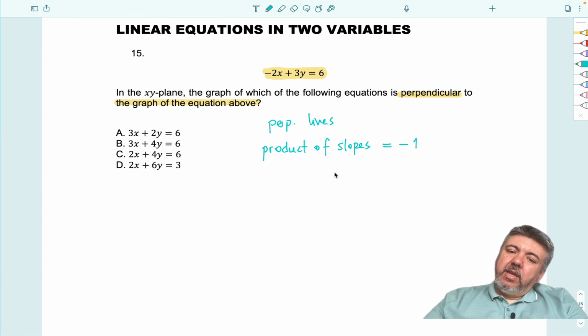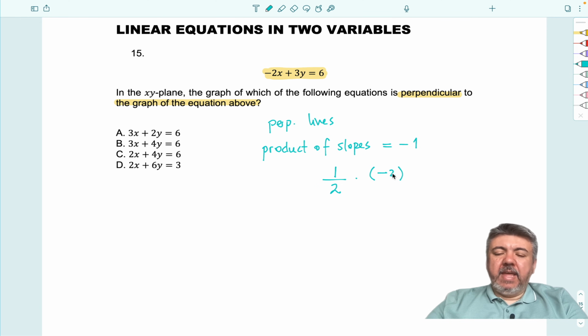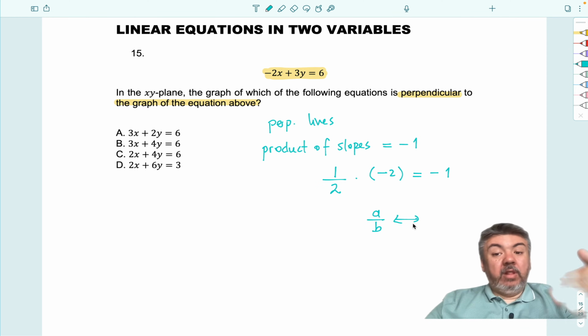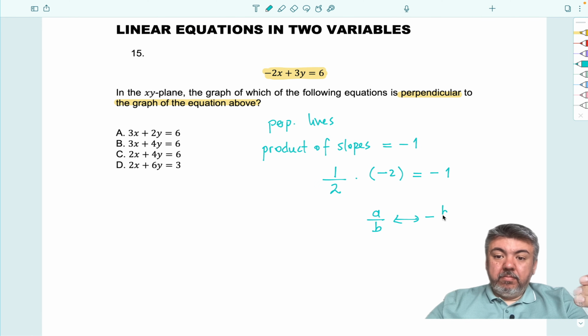For example, if one line has a slope 1/2, the other one has to be with slope -2. So when you multiply them, their product should be -1, okay? So if you have a slope a over b, the other line has a slope -b over a, okay?